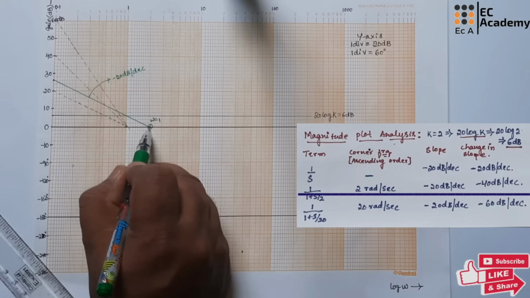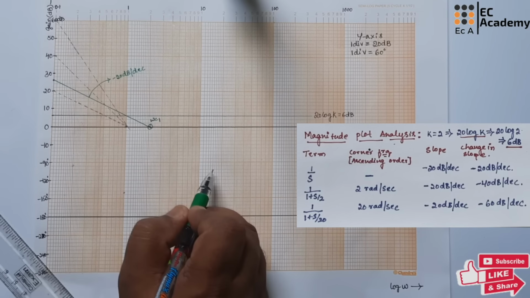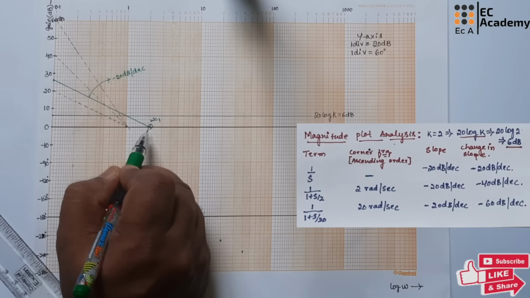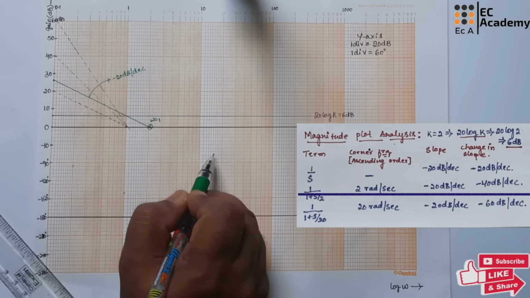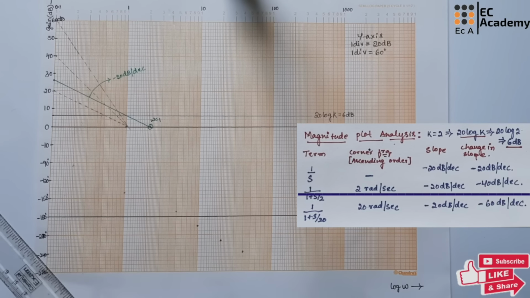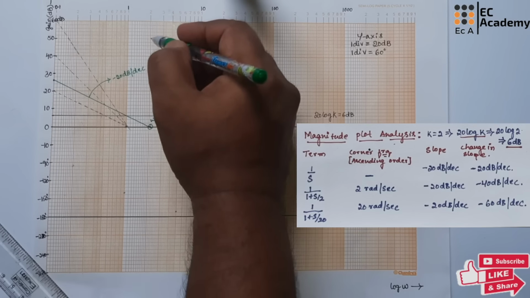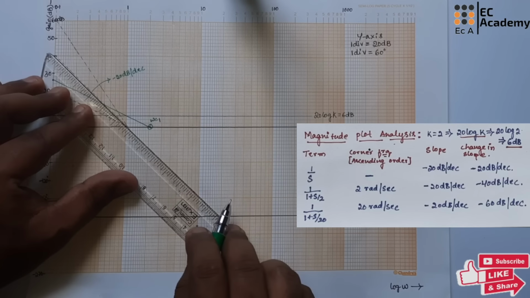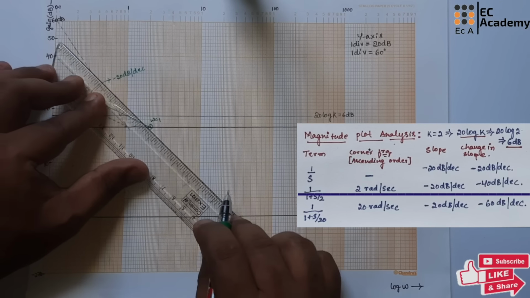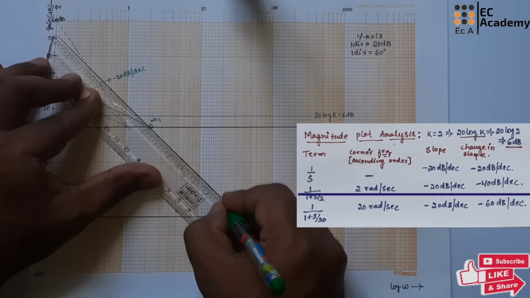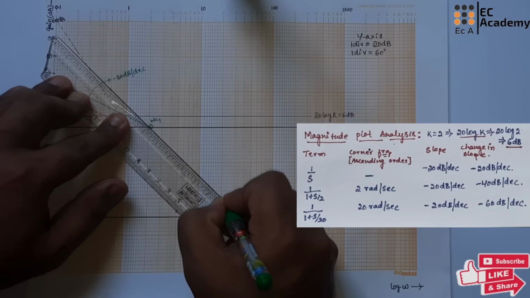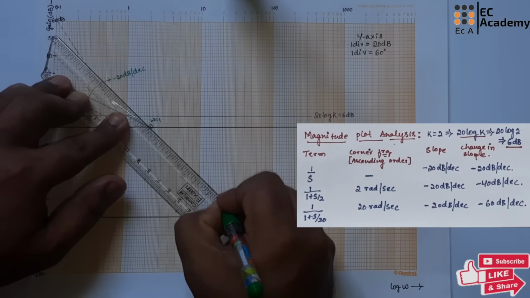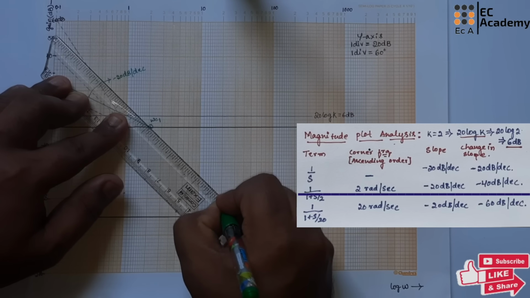From first corner frequency up to second corner frequency, which is from 2 radians to 20 radians, we have a slope of 40 dB. So we are having 20 radians here. So this is 40 dB slope. So we'll shift this slope and we'll mark a point at the second corner frequency, which is 20 radians per second.